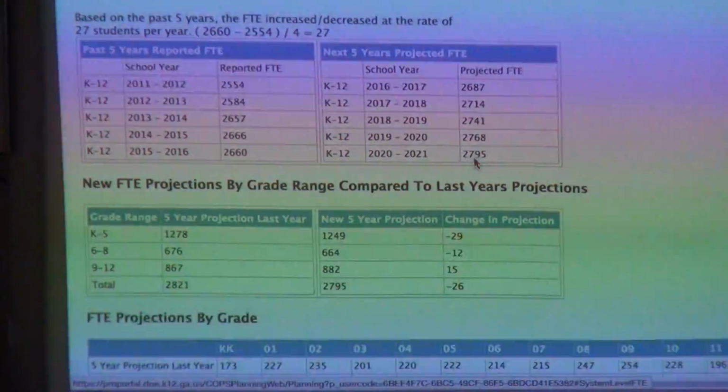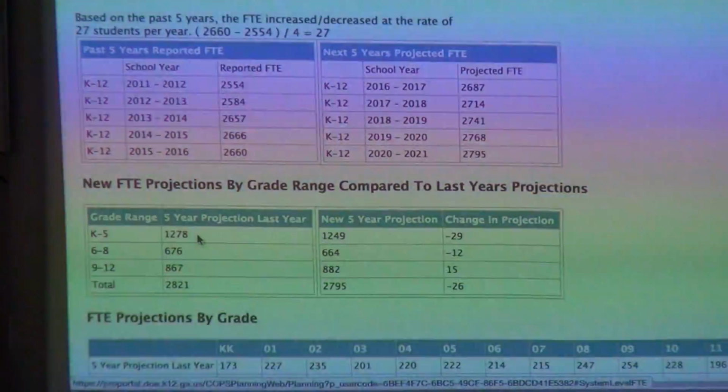They're going to look at 2,795 students in your FTE count in your system to determine how many IUs you need system-wide, elementary, middle, and high school spaces. And then they break it down by grade level. Here, K5, you had a 29 student change from your last projection.